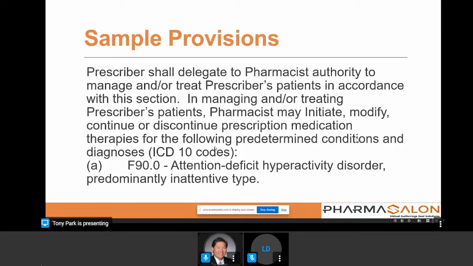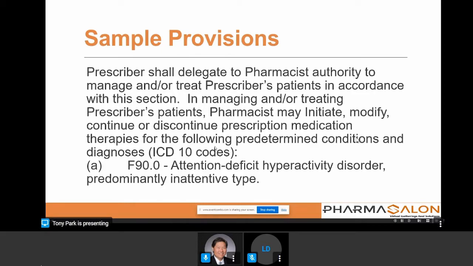They love nothing more than to pass off their patients to the pharmacist to manage, certainly for chronic conditions and conditions that require at least some modicum of monitoring of their activity and clinical presentations over a long course of time.